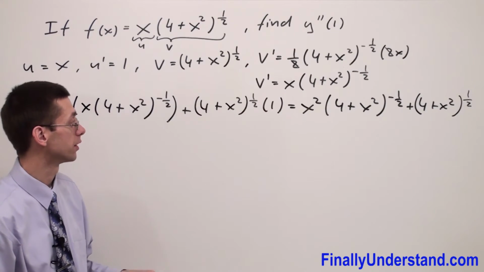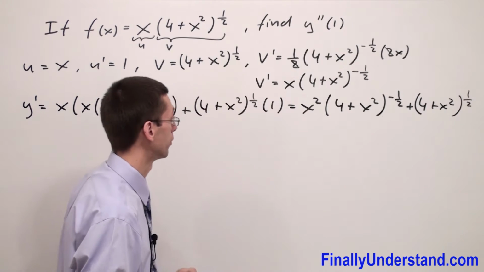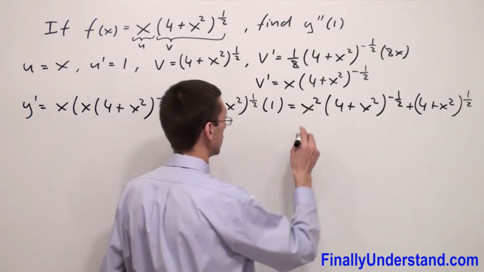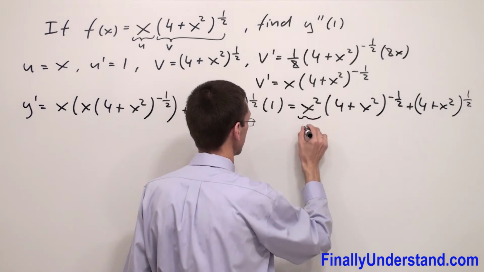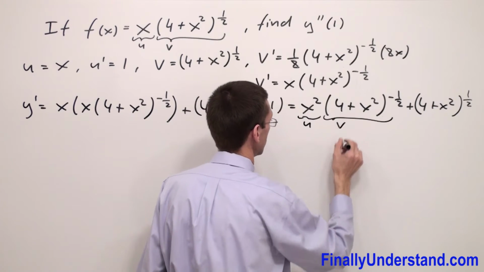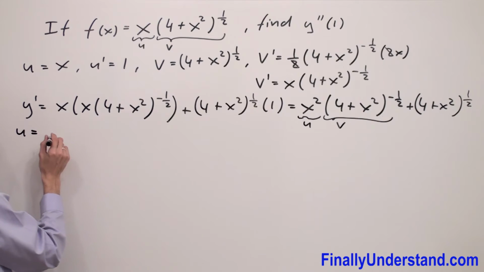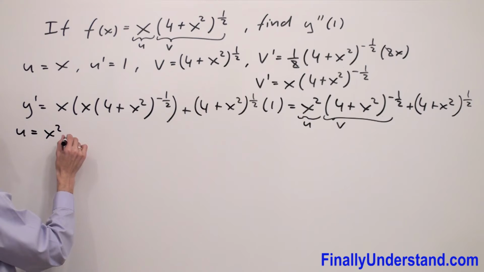Next, we're supposed to find the derivative of the first derivative. So this is my u, because this is the product, and this is my v. So u is equal to x squared.